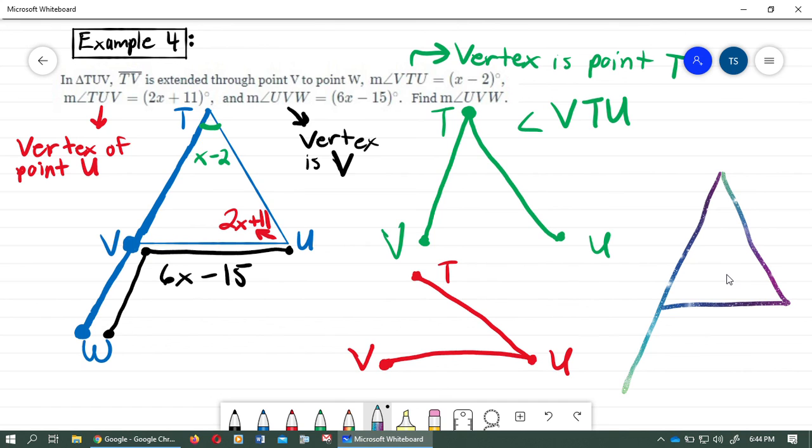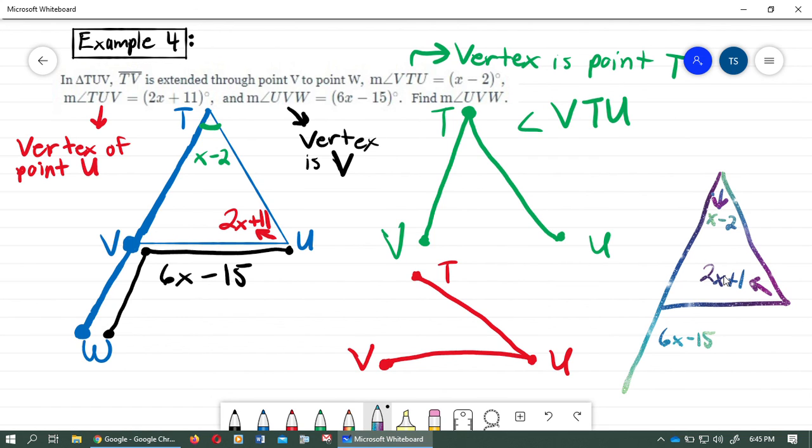So again, if we had to put it all together, we've got 6x minus 15, that exterior angle, and we've got the x minus 2 right here as this interior angle, one of the two remote interior angles, and this angle here as 2x plus 11.